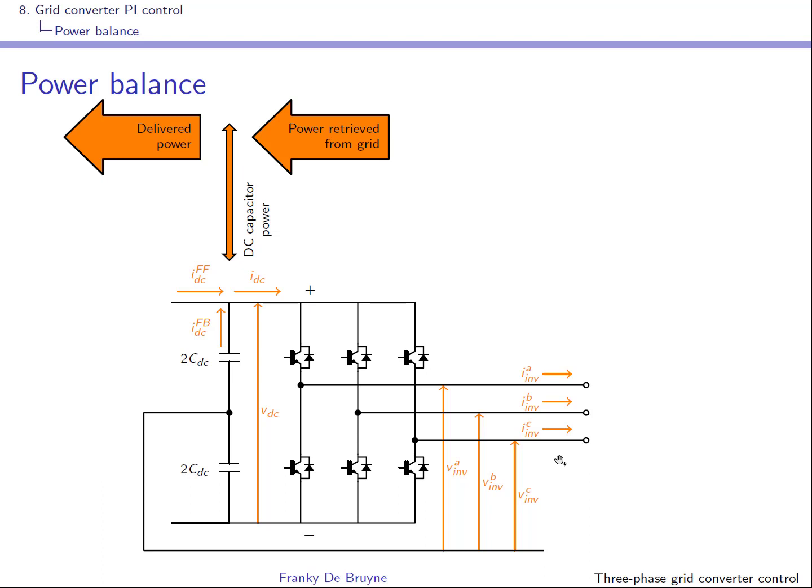So somehow we have to transform this DC current set point into AC current set points, and this is going to be done by assuming a power balance. We assume that we have a lossless system, which is of course not the case, but the losses are small in comparison with the power that is being transferred.